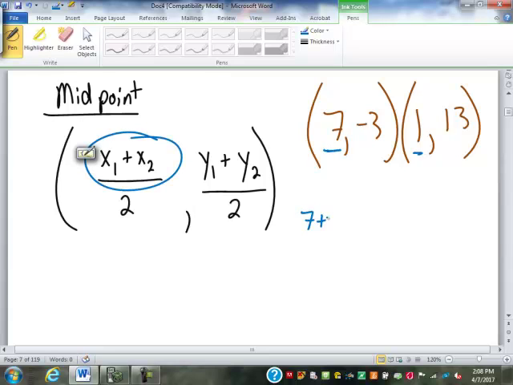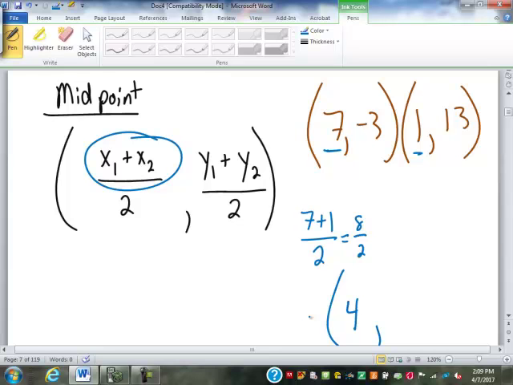It's going to be 7 plus 1 divided by 2. What's 7 plus 1? 8. 8 divided by 2 is? 4. So the x-coordinate of the midpoint is 4.